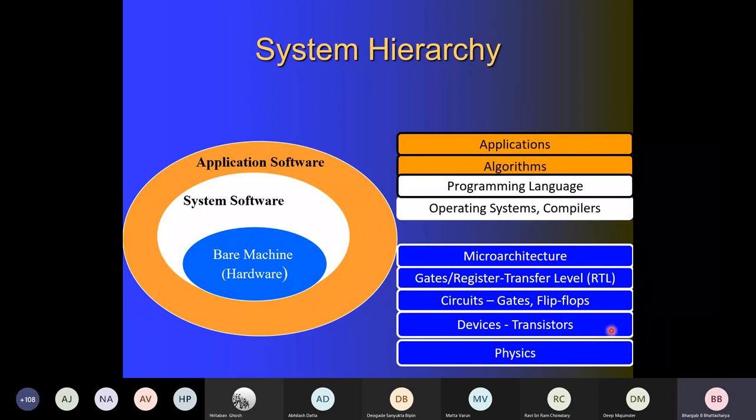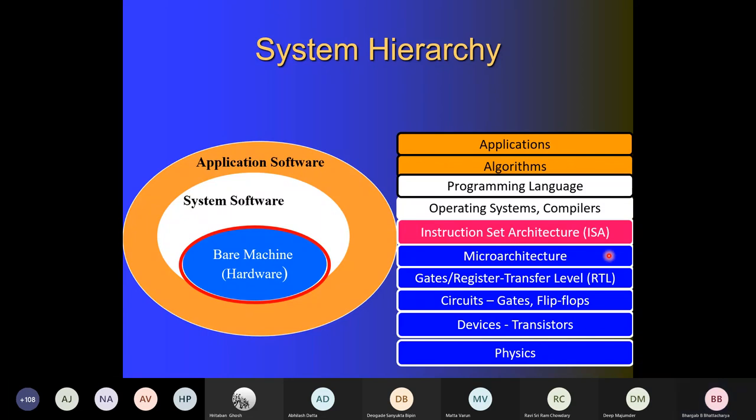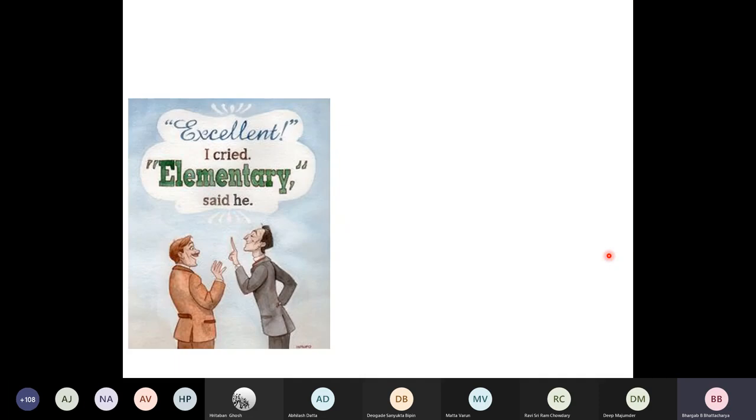This blue zone is the zone of the hardware, and this zone is the zone of the software engineers. And in between lies the most important layer, which is the envelope of the bare machine, and that defines the instruction set architecture, or ISA. All right. Okay. Are these characters familiar to you?